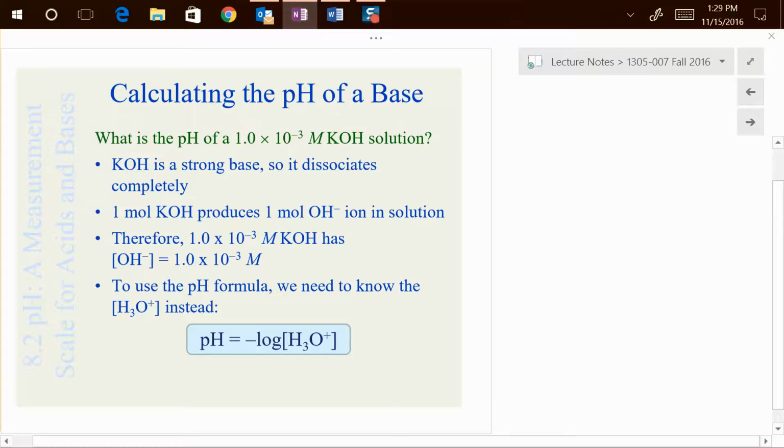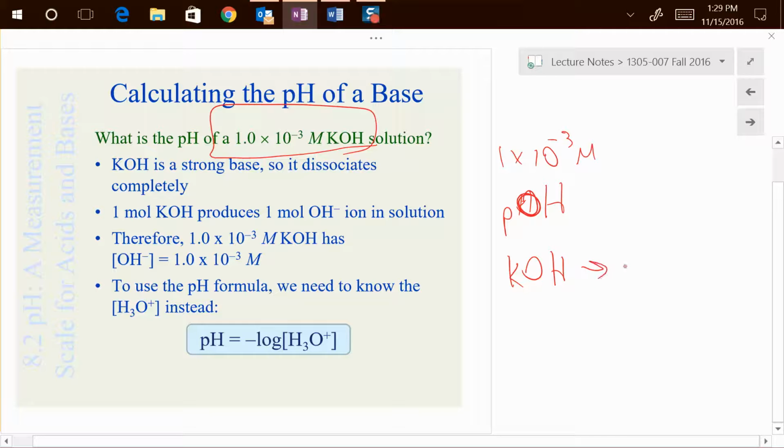All right, pH of a base. So here is the concentration of KOH. KOH has a concentration of 1 times 10 to the negative 3 molar. So what is the pOH? Well, this KOH is going to dissociate into K plus and OH minus in a strong base step.